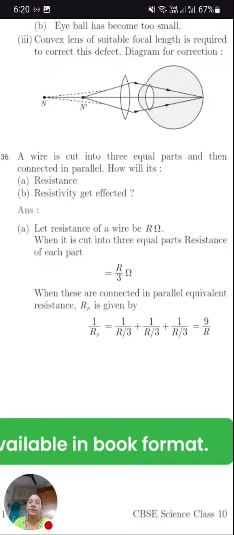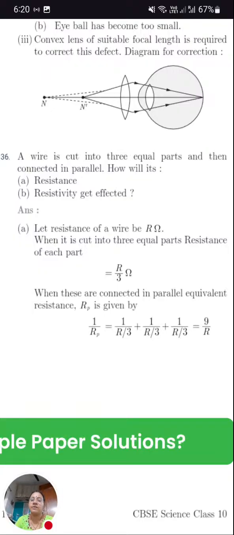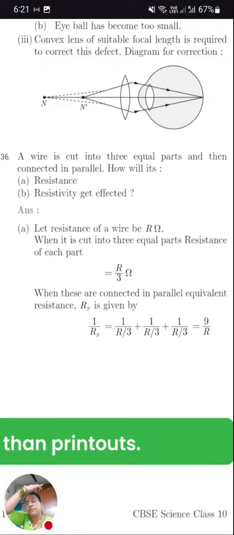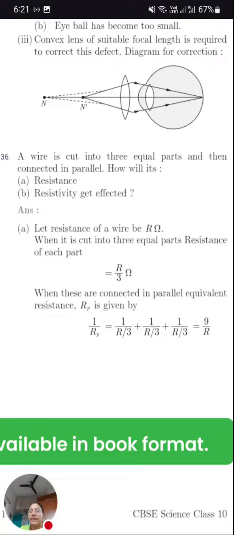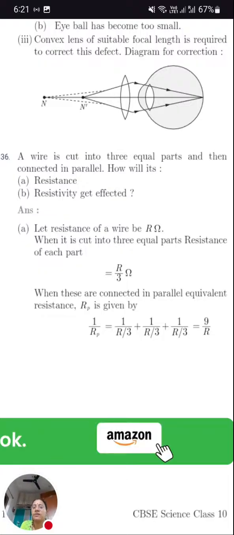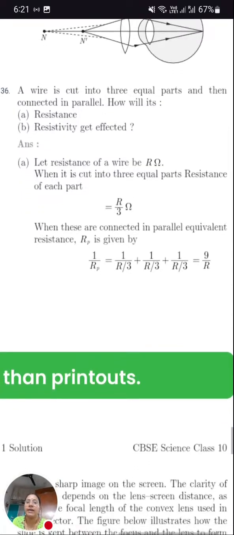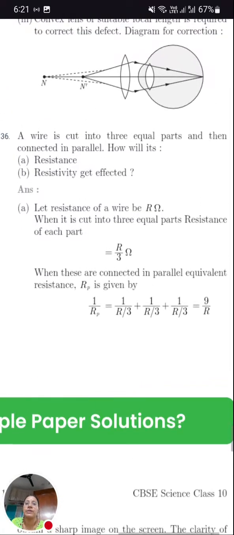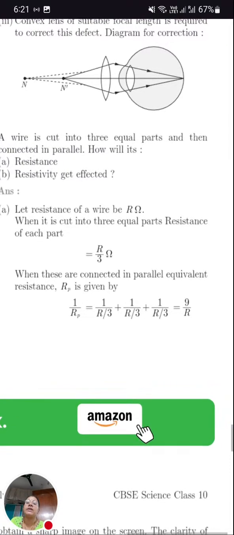So here we need to find the parallel resistance. 1 by Rp is 1 by R by 3 plus 1 by R by 3 plus 1 by R by 3. So overall we get the reciprocal: 3 by R plus 3 by R plus 3 by R, which is 9 by R. First question: does resistivity get affected when we cut the wire?